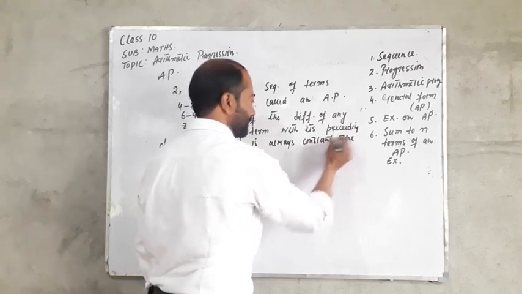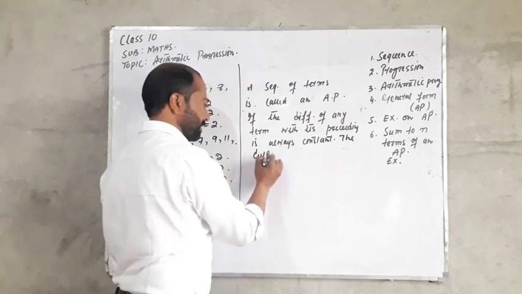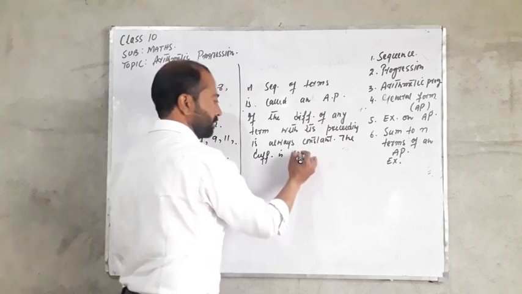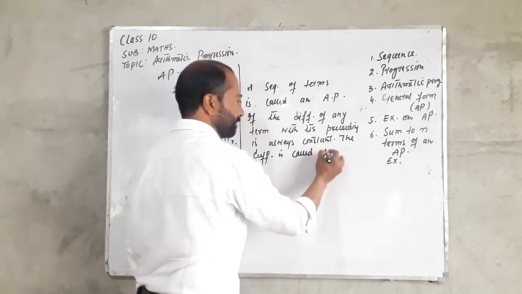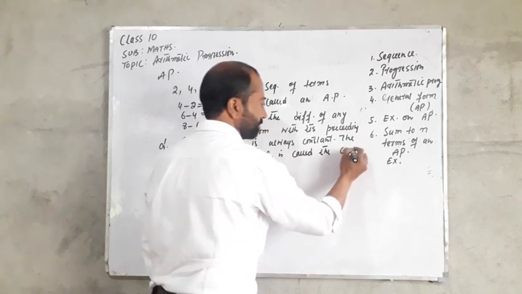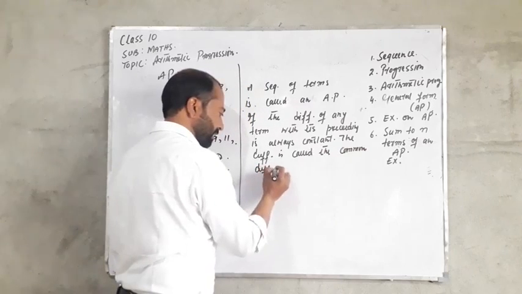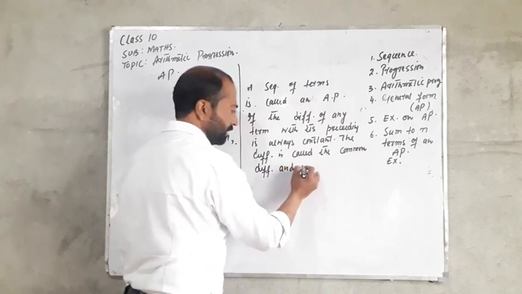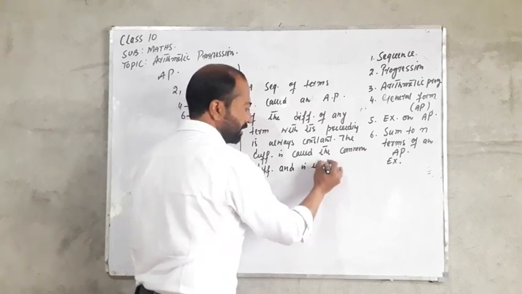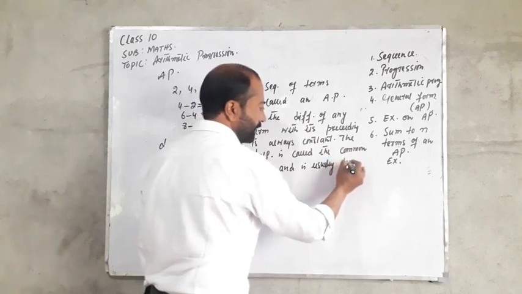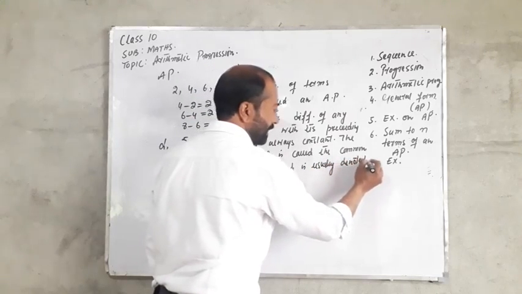The difference is called the common difference, and is usually denoted by D.